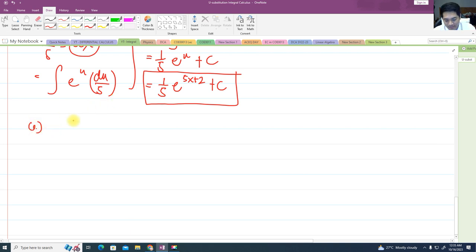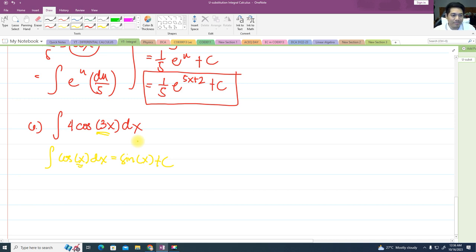So I have number 6. The integral of 4 cosine of 3x dx. Okay? So we can recall that the integral of cosine of x dx equals sine of x plus c. But the problem here is we have 3x, not simply x.